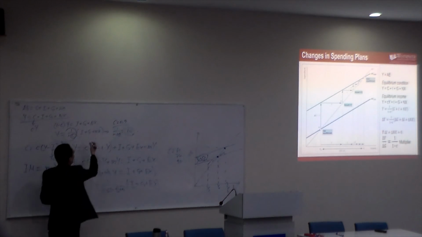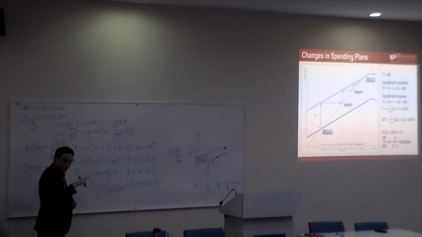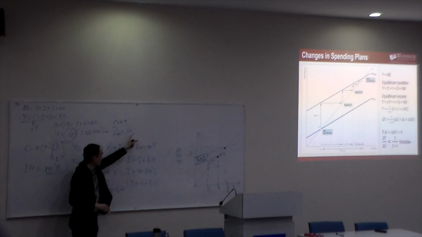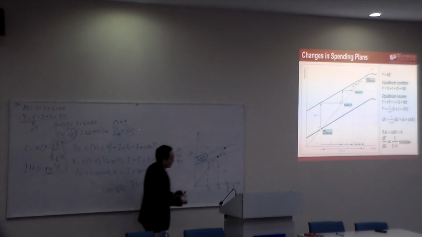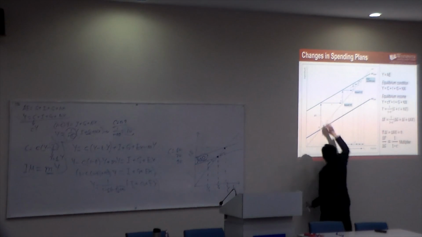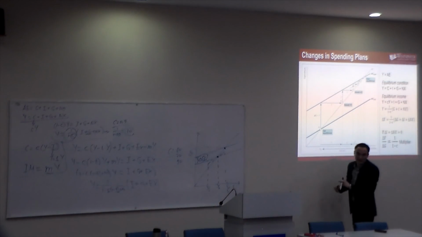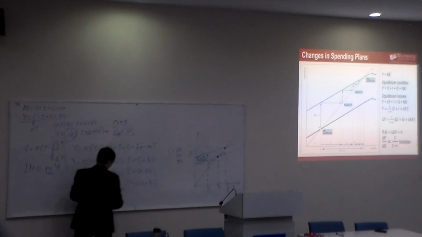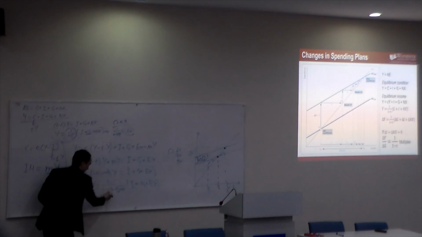A unit change in government spending will have a 10 times higher effect. Okay? This will become 10 times greater. What about in this case? Let's suppose, again, marginal propensity to consume is 90%.